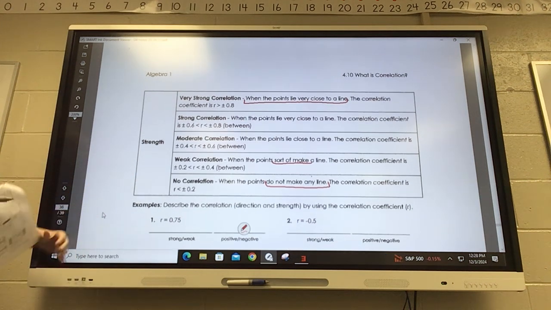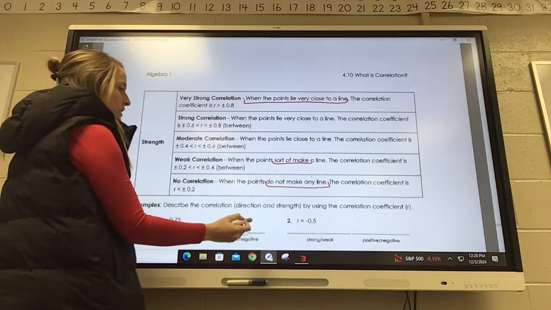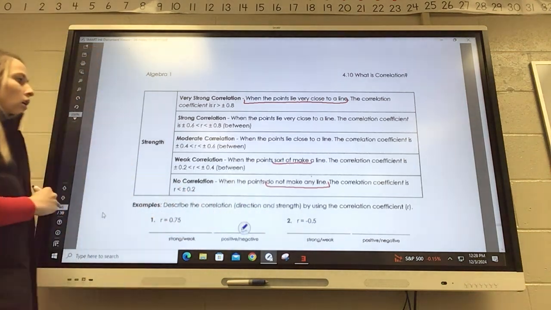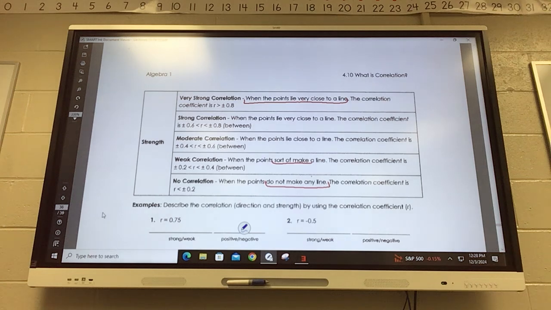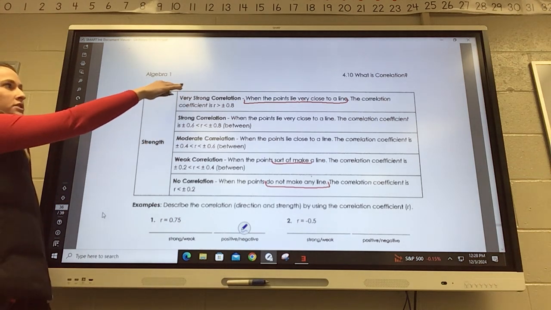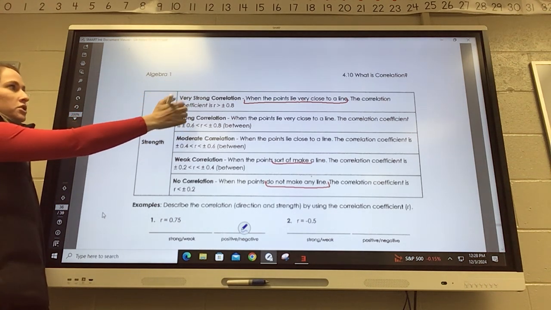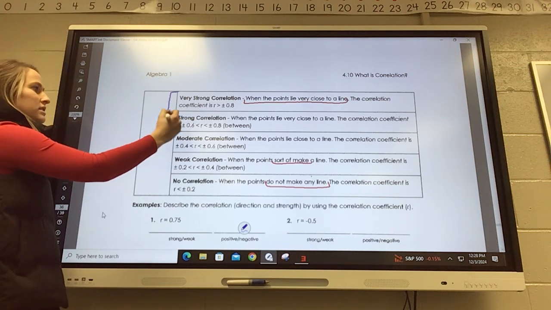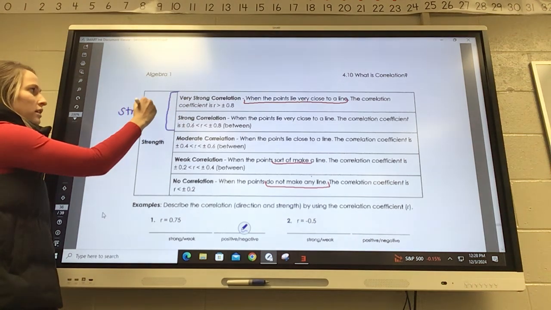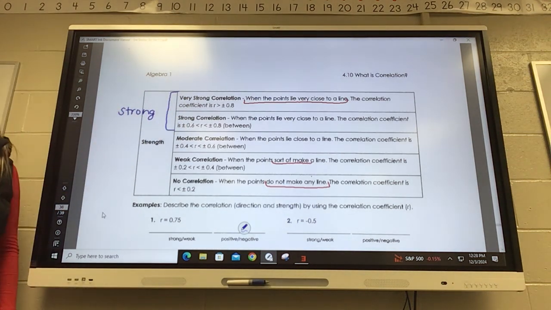So I'm going to break this into smaller categories instead of you having to know all, what do we got, 5 of those? So they have it broken down into very strong and regular strong. I'm just going to combine these and just tell you that that is strong. We're just going to say strong. We're not going to go with very strong. It's just strong.